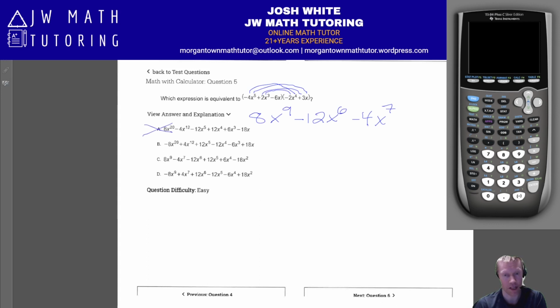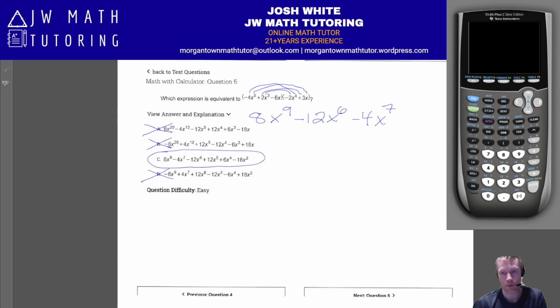No. Cross it out. Do I see that in answer choice B? No. Cross it out. Now I'm down to C and D. Notice in D, it has 8x to the ninth, but it's negative. So technically on this problem, you really only had to multiply the first 2 terms to get the 8x to the ninth to know that that has to be the correct answer.